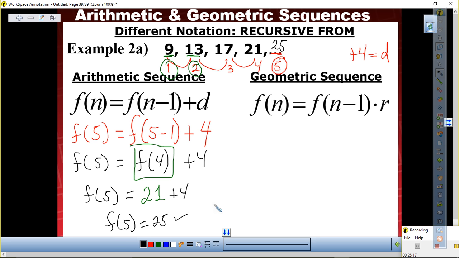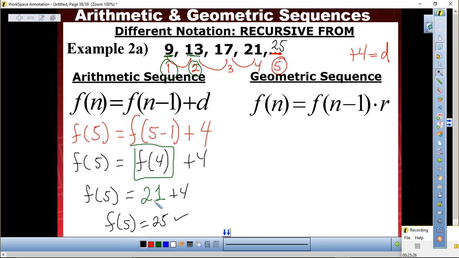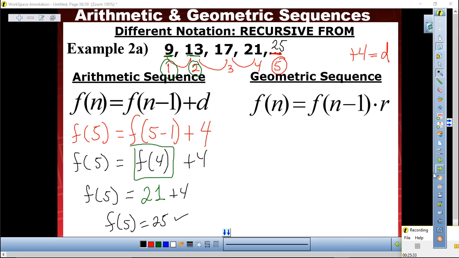So what is the difference between the explicit and the recursive? Talk it over with your neighbors. What would be the only difference that you see from this one to this one? Talk it over, please.